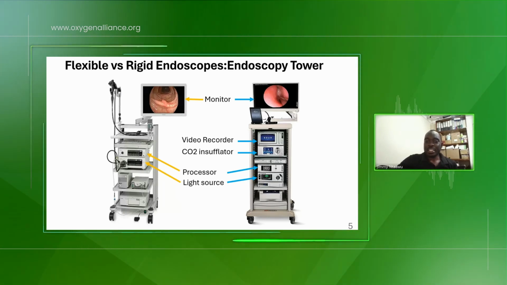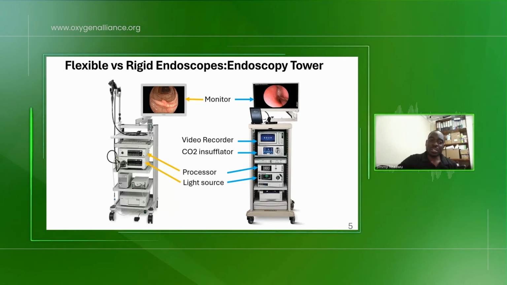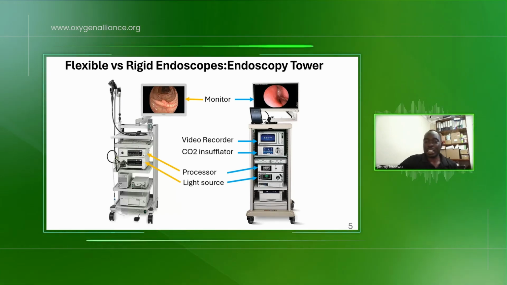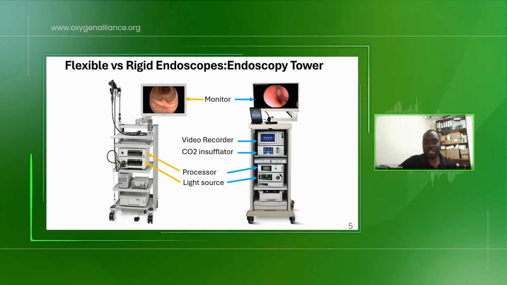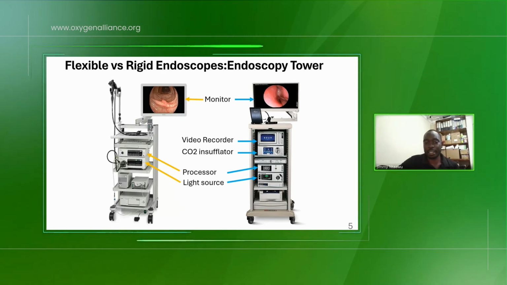It is also there in the flexible ones, but it is not so common. It's kind of a preference for different doctors, but still, if you don't have the carbon dioxide insufflator on your flexible tower, it's also very fine.